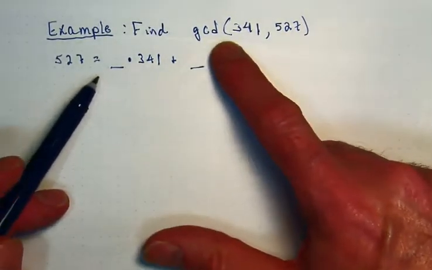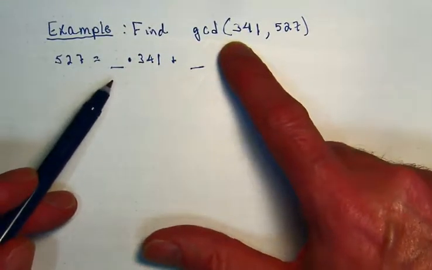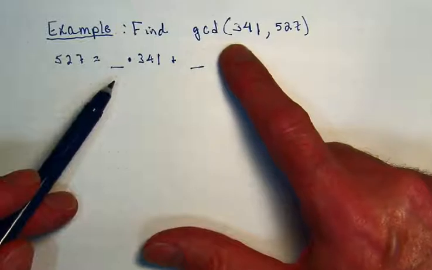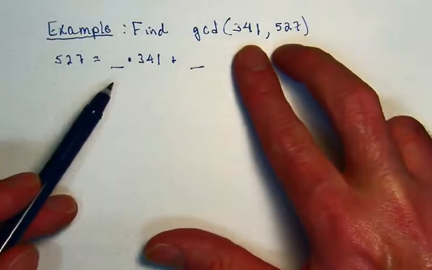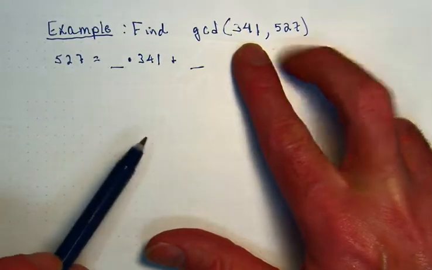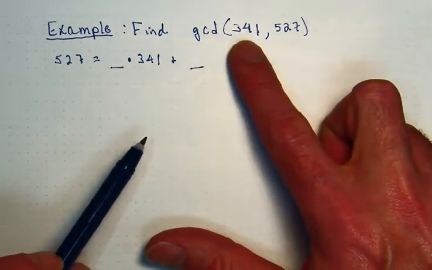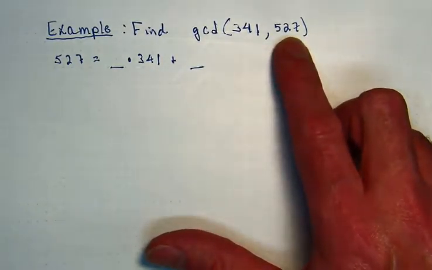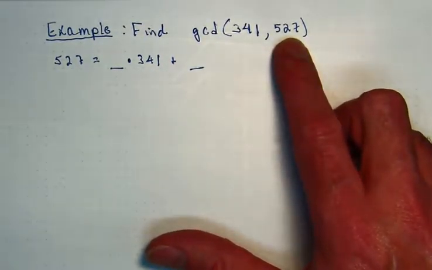So you'll remember that the Euclidean algorithm is a method for finding the greatest common divisor of two given numbers. So here what we're trying to do is find the largest number that will divide into 341 and 527 evenly.